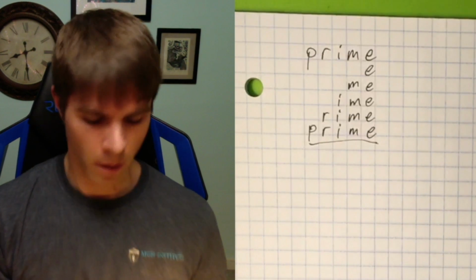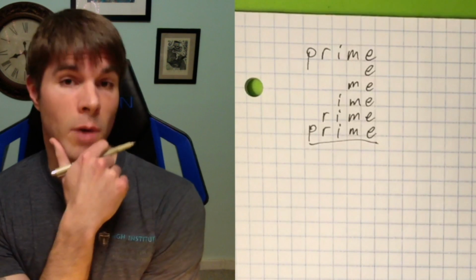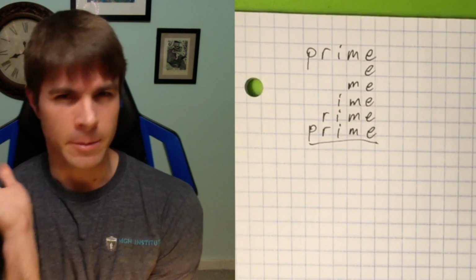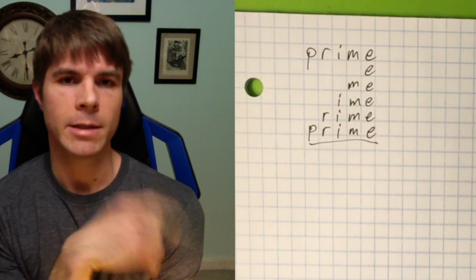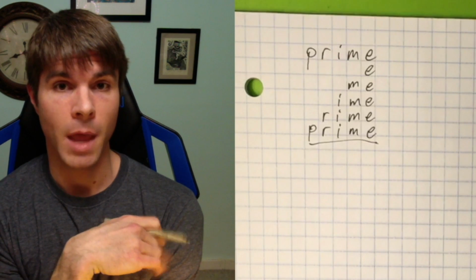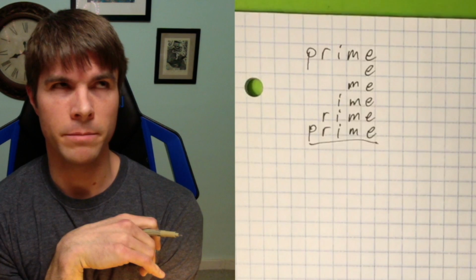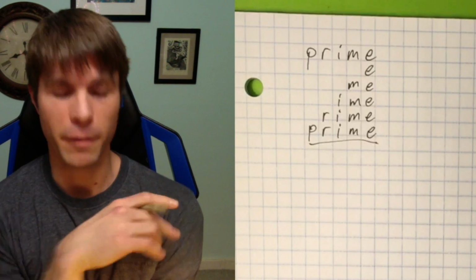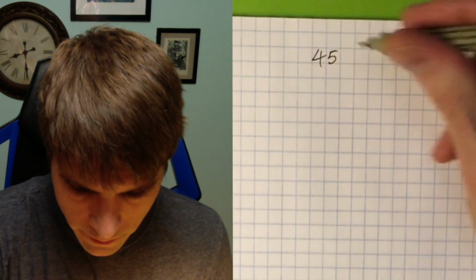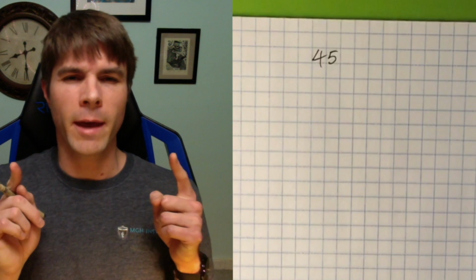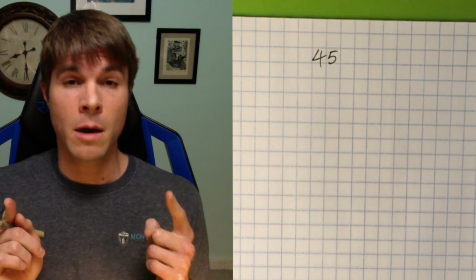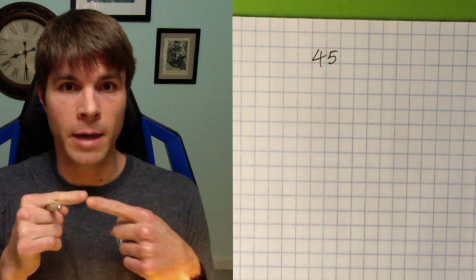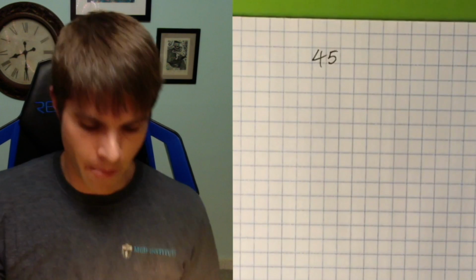Got it. So now that we are primed and ready, having done some spelling, let's do some math. I'm going to take a number at random. 45. And I want to break that into two numbers I know I can multiply together to get 45.